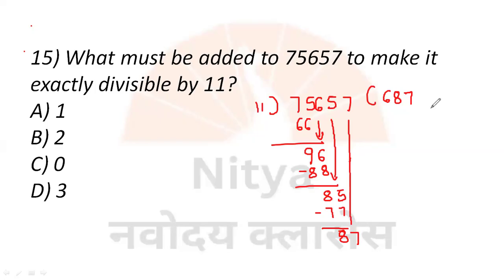So 11 sevens are 77. So the remainder will be 10. Okay, so the remainder will be 10.